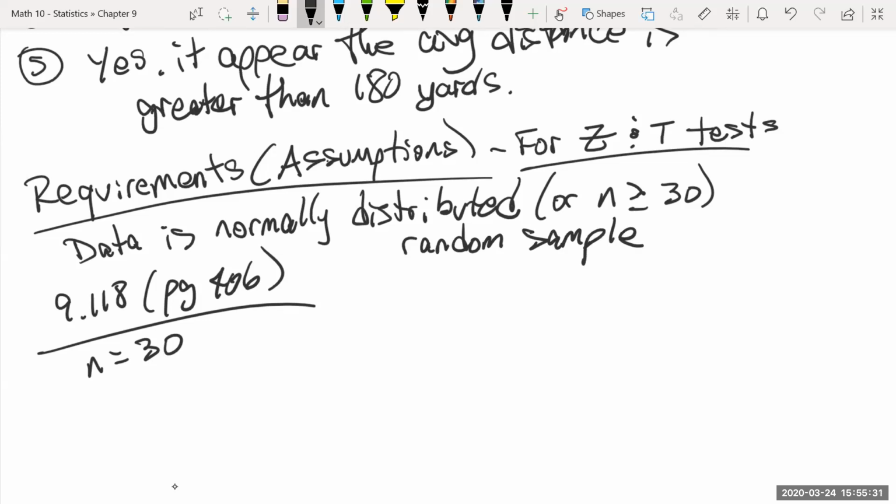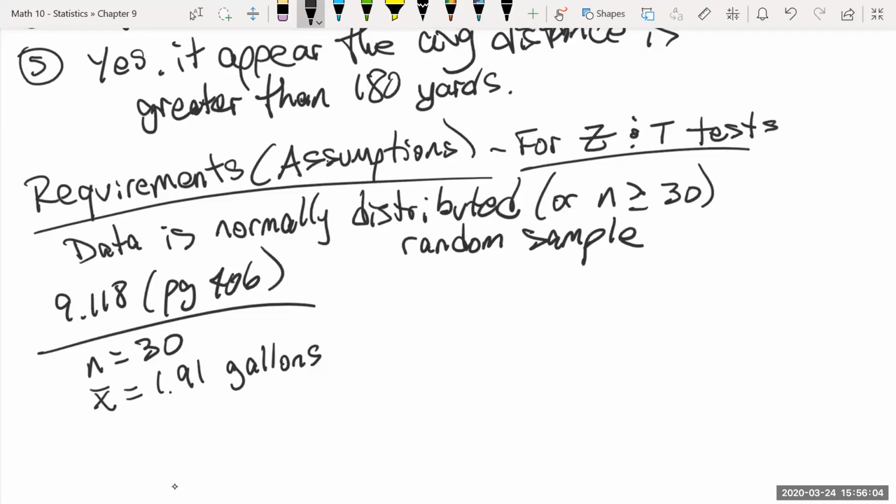A random sample of 30 dirt bikes. Notice 30, I don't have to know it's normally distributed because the sample size is big enough. They have a mean fuel capacity, that's x bar because it's the mean of the sample, of 1.91 gallons, with a standard deviation of 0.74 gallons.